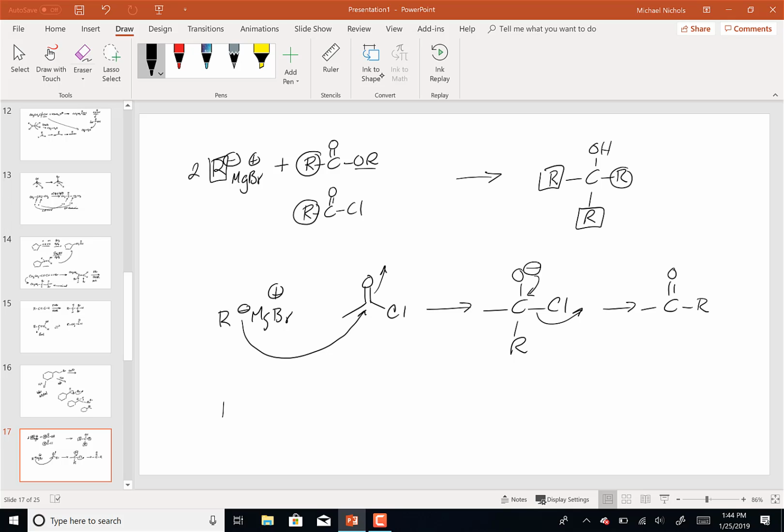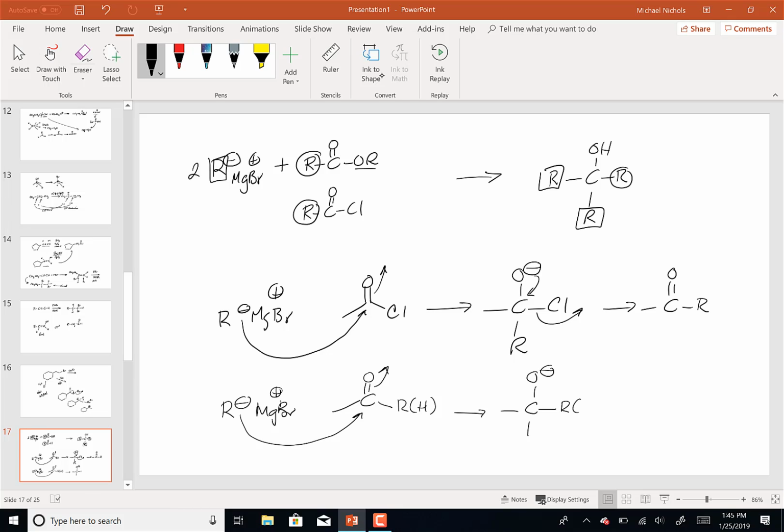Think about what we did on Wednesday. What we were doing on Wednesday was adding our Grignards to functional groups that were either aldehydes or ketones. And so when the Grignard comes in and attacks the carbonyl, we were forming the O-.